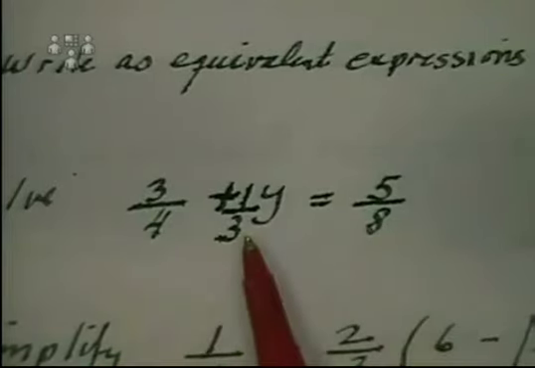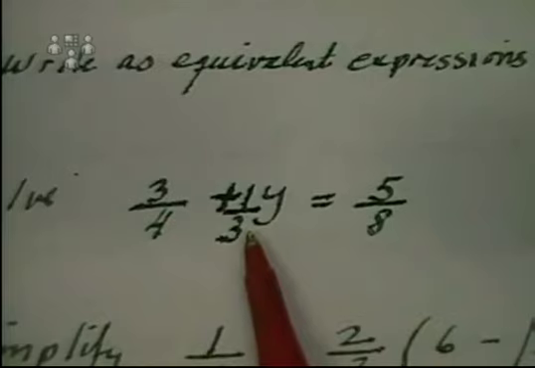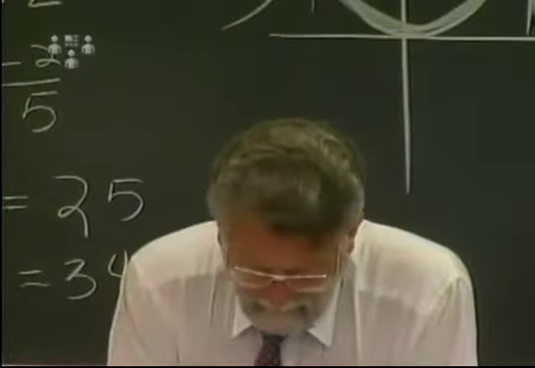You're right. 24 will do it. Because what is the LCD of 4, 3, and 8? 24. 2 to the third, 2 to the second, 3 to the first. So it's 2 to the third, 3 to the first, 24, and it will do it. Circle it. Okay.